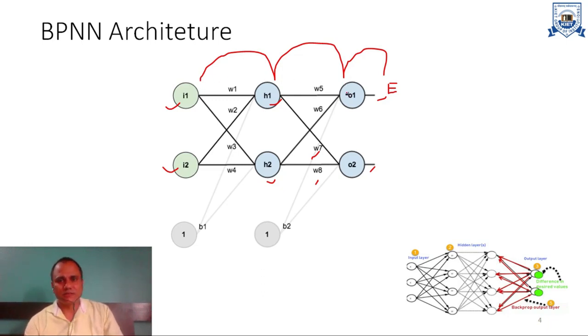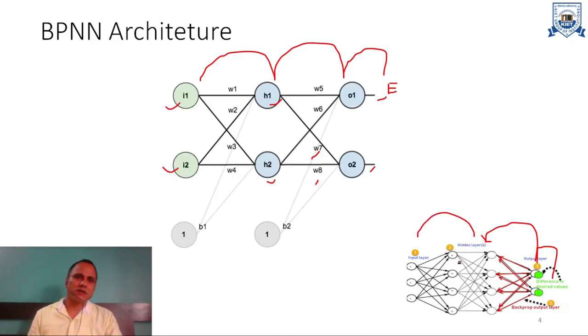All the weights, layer by layer, need to be handled according to the error. In the same way, whatever error we get needs to be back propagated to the output layer, then afterwards to the hidden layer, and afterwards to the input layer.